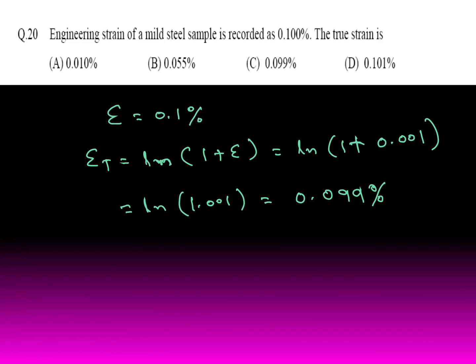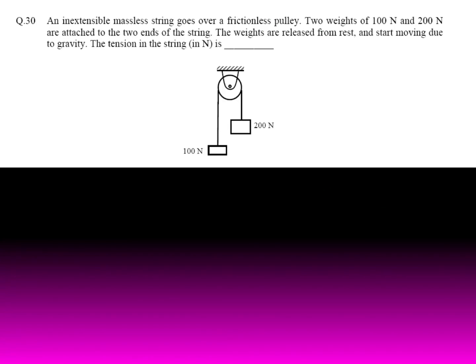This is a 2-mark question. An inextendable massless string goes over a frictionless pulley. Two weights of 100 Newton and 200 Newton are attached to the two ends of the string. The weights are released from rest and start moving due to gravity. The tension in the string in Newton is how much?